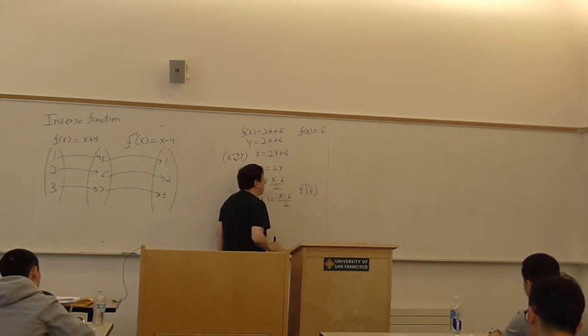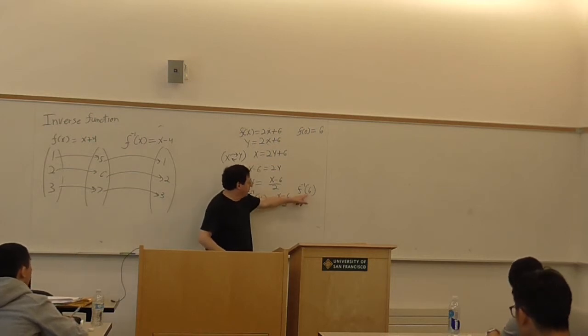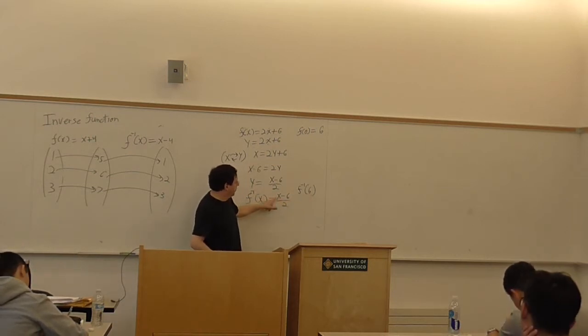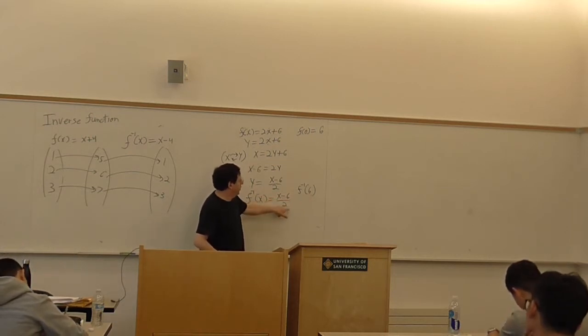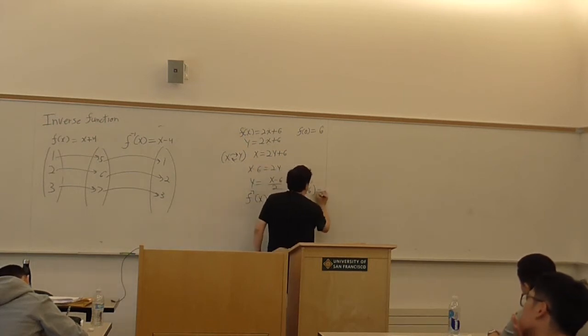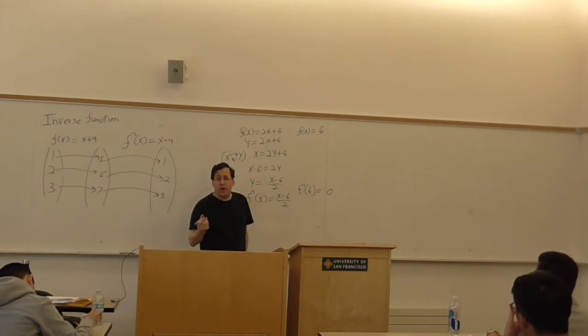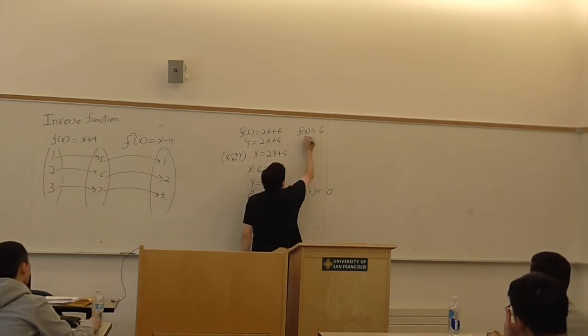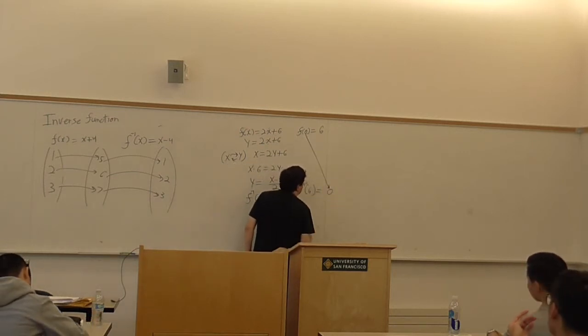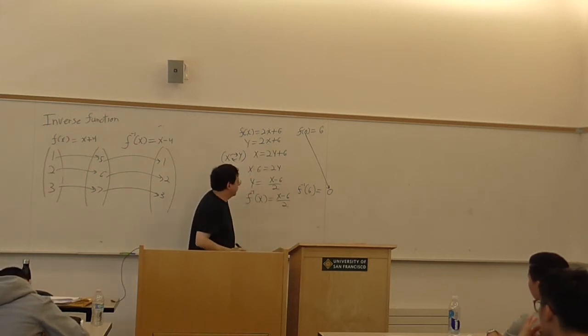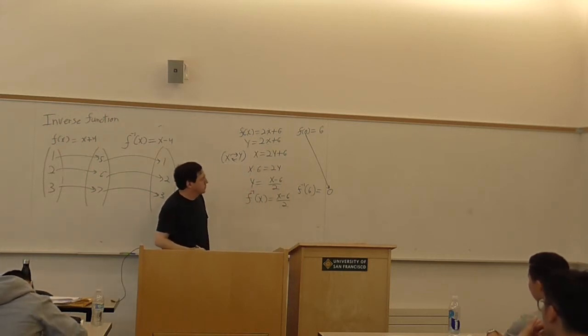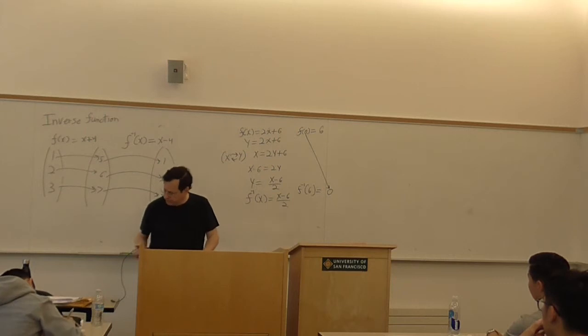Inverse of 6. What does the inverse function do to 6? 6 minus 6 is 0, divided by 2 is 0. It's exactly what I wanted. I wanted to get back to my original x. Okay, let's try another one.